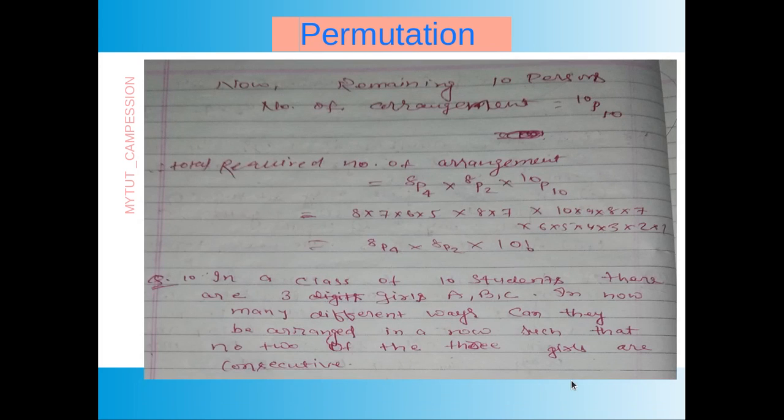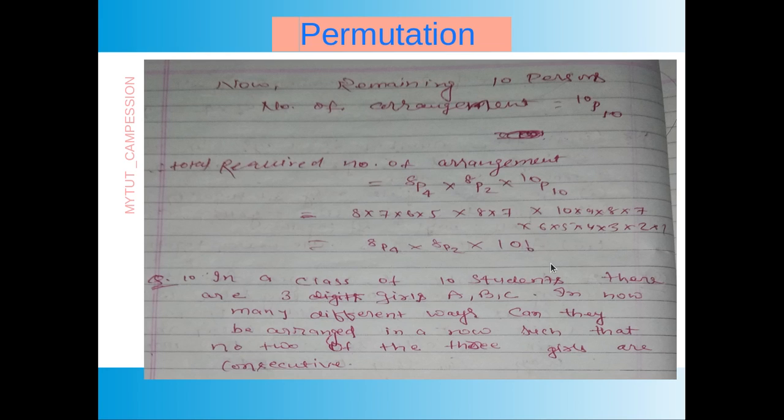Now the remaining 10 can be arranged in 10P10 ways. So the total number of required arrangements equals 8P4 into 8P2 into 10P10. Now you can solve this. We get 8P4 into 8P2 into 10 factorial.